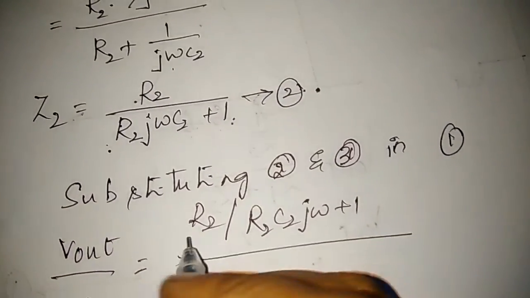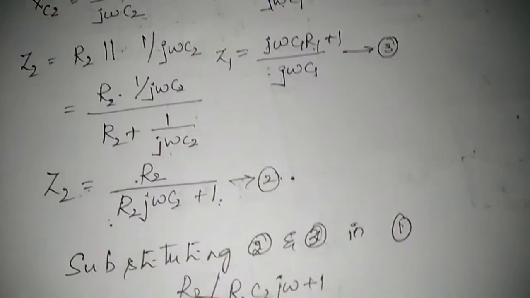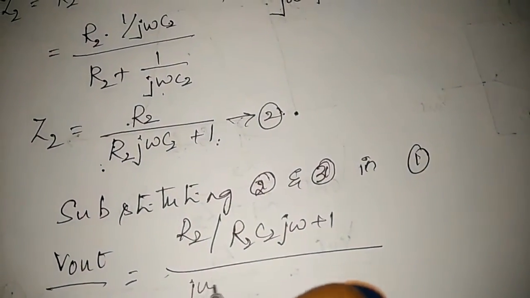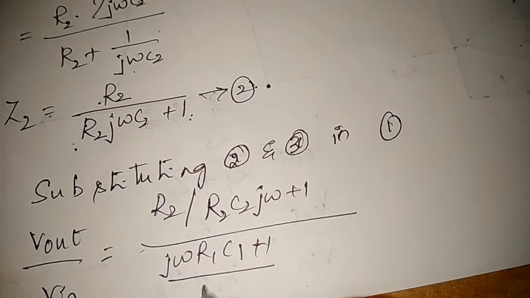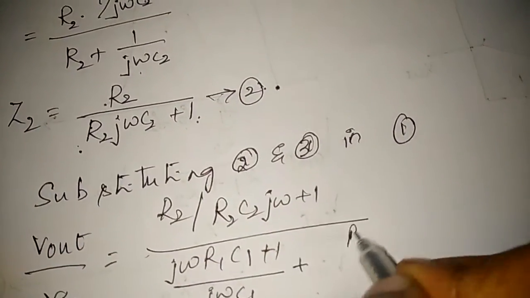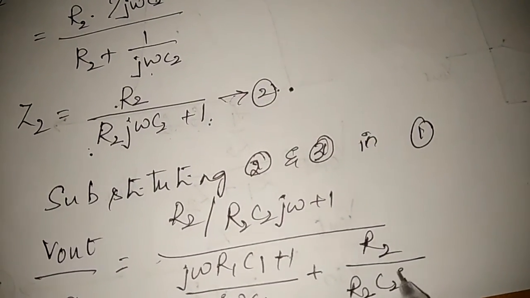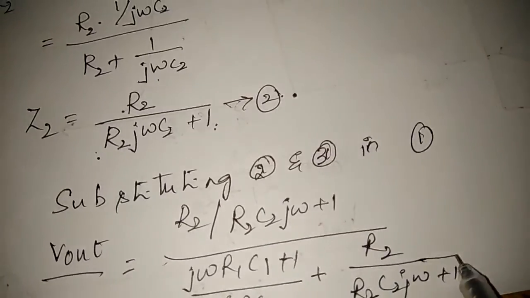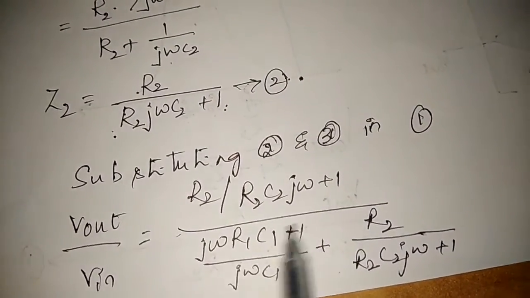Z1 is j omega R1 C1 plus 1 divided by j omega C1, and Z2 is R2 divided by R2 C2 j omega plus 1. Is it not? Substituting 2 and 3 in equation 1 will get this.